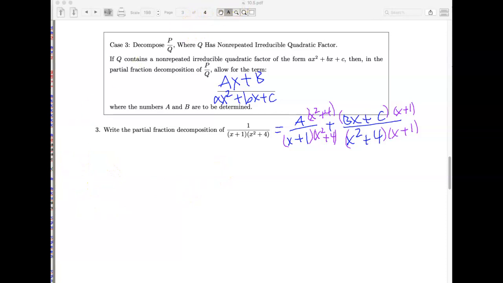So we'll end up with 1 equals A, and distributing, Ax² + 4A, plus, and then we have to multiply this out, so I'm going to have Bx² + Bx + Cx + C.